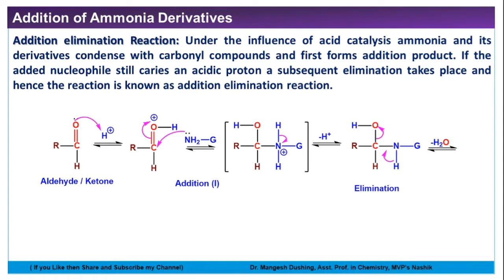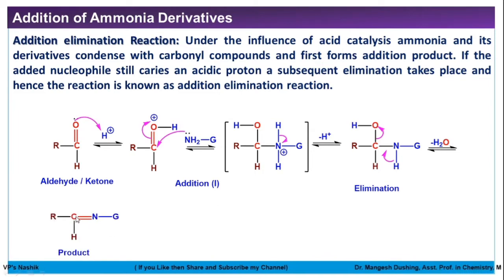This single bond is converted to a double bond, then this single bond breaks and this will be OH minus. OH minus combines with this H plus to give an H2O water molecule as a byproduct. So we will get this product.